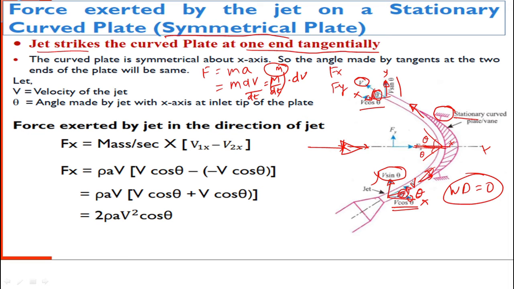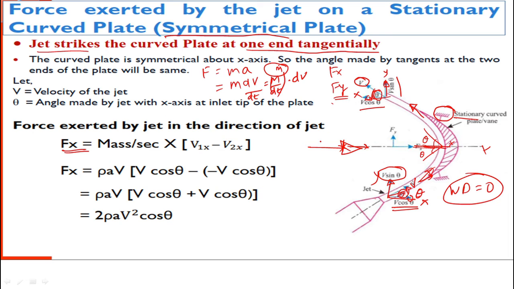Now applying this formula to this application, first of all we are going to find the force acting in the x direction, then the force acting in the y direction. Here V is the velocity of the jet, and theta is the angle made by the jet with the x axis at the inlet tip of the plate.